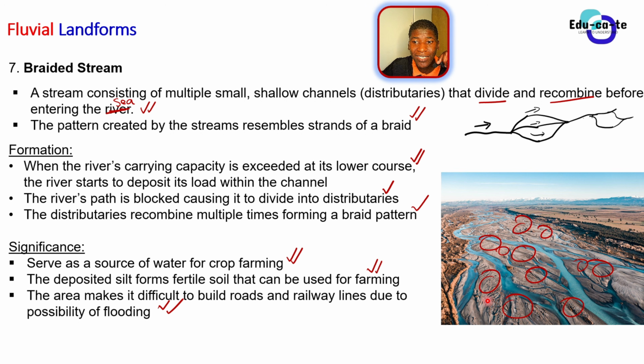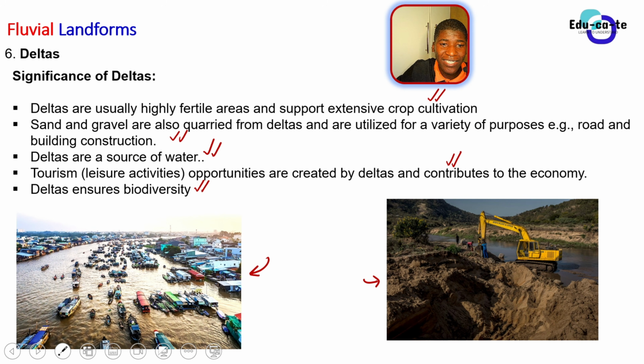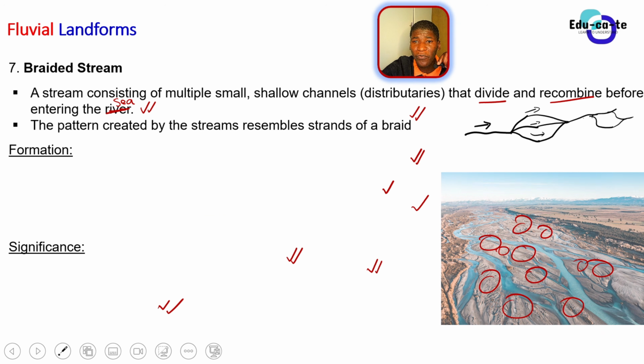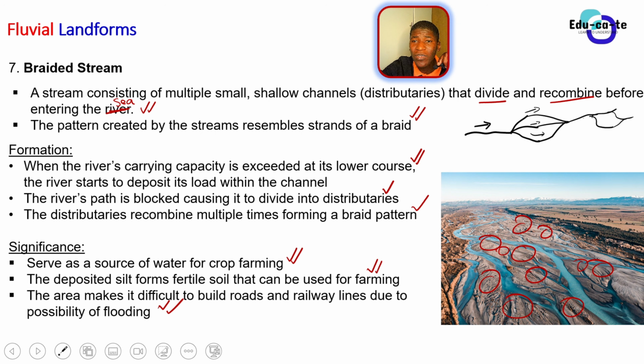But other people still do live there, just like the people who stay near deltas. You can see these people are exactly closer to water. That's why I ask myself, what will happen when it floods? The area is very difficult for construction, especially constructing roads. You can't construct a road in a place like this, except if you're going to construct a road on top of a river. Maybe you'll be travelling with boats on the roads or something like that.